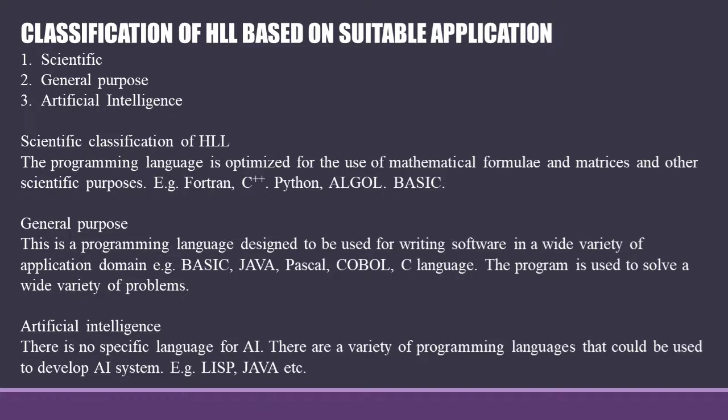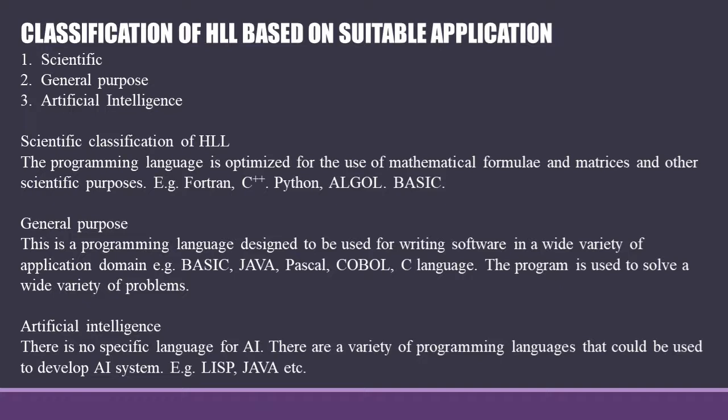Scientific classification of high-level language. The programming language is optimized for the use of mathematical formulas and matrices and other scientific purposes. The programming languages that can be used to achieve this are Fortran, C++, Python, Algol, and Basic.